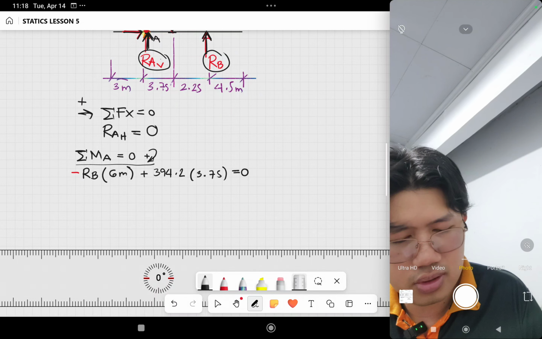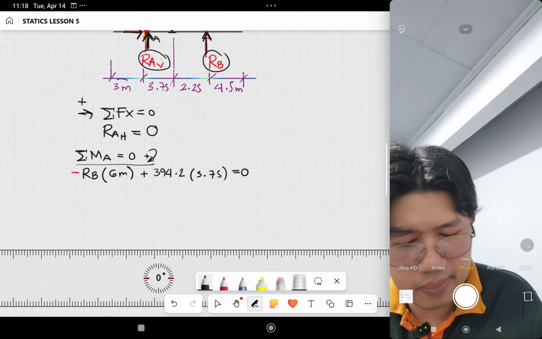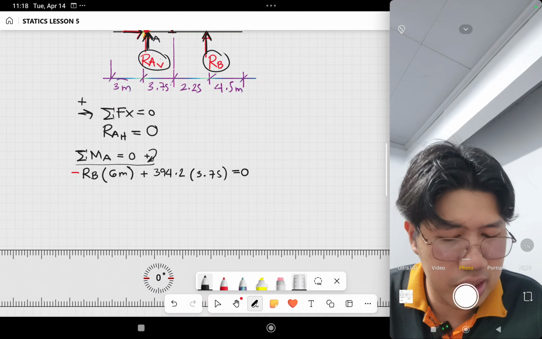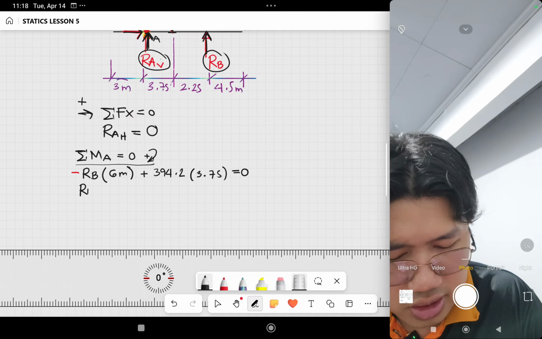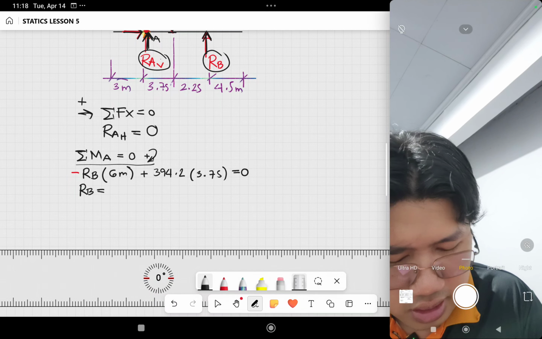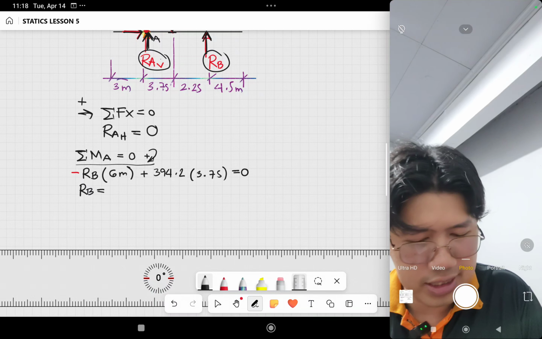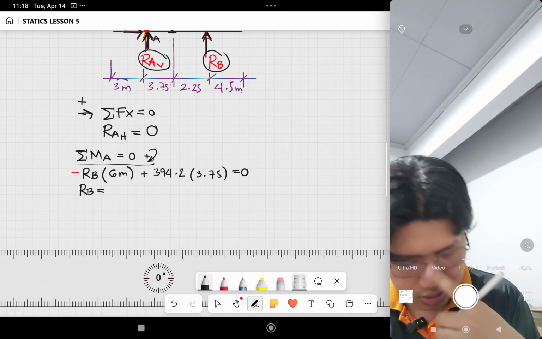Okay, so mapapansin natin we have one equation, we have one unknown, so this is already solvable. So we just transpose RB and then we divide both sides by 6 para maiiwan si RB.